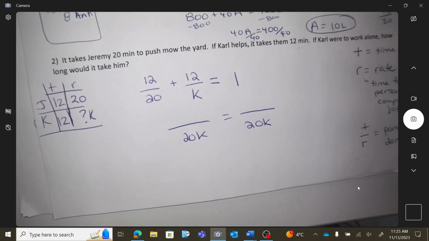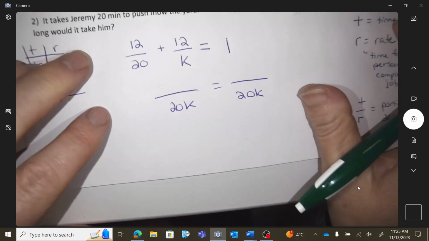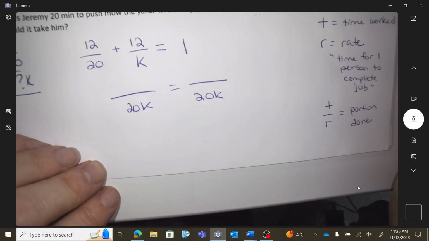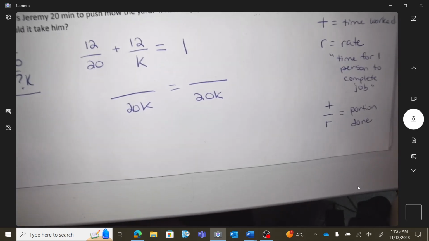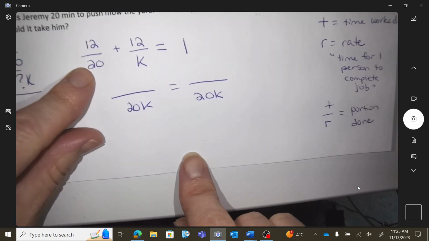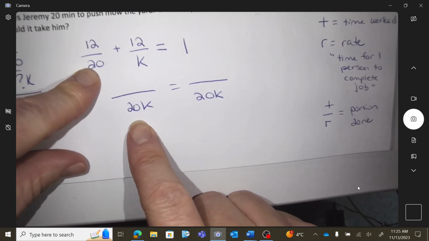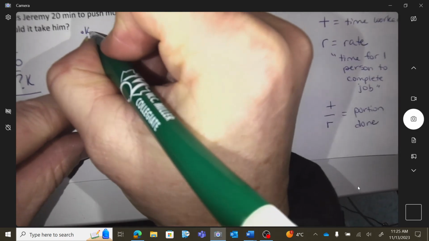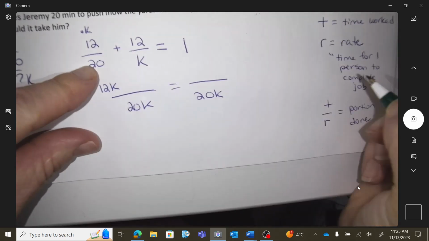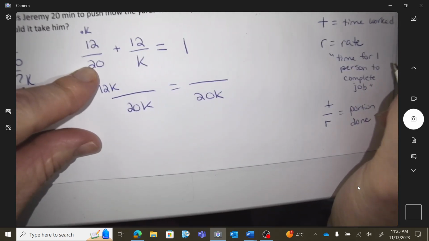Would that make sense? Okay, now we go through each fraction. Fraction 1, there was a 20, now there's a 20K. What happened? Times by K, so the top would become 12K.